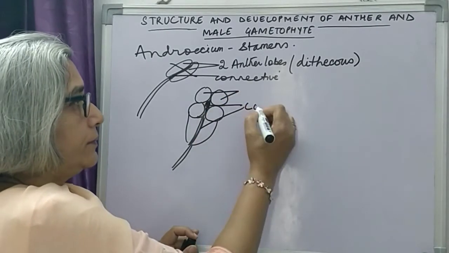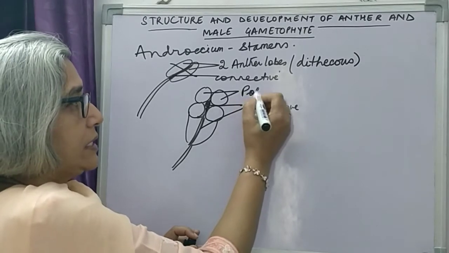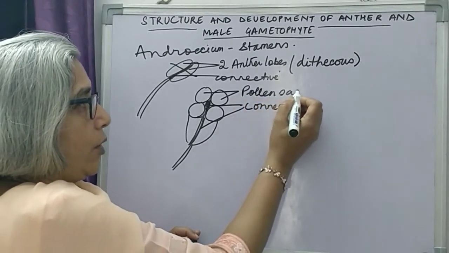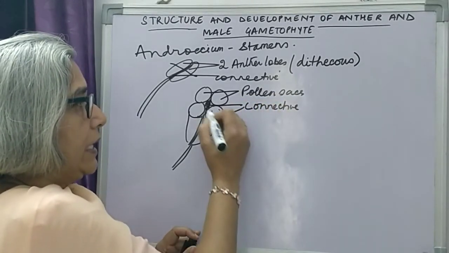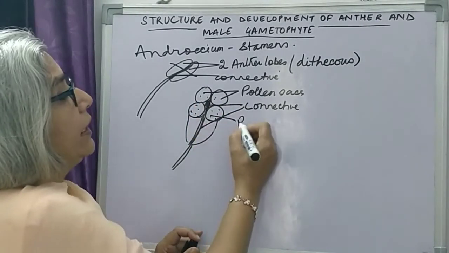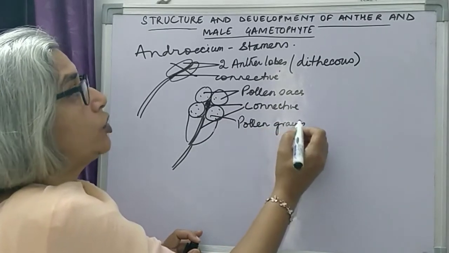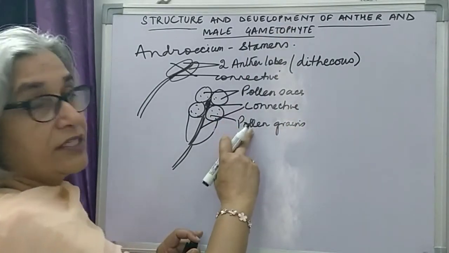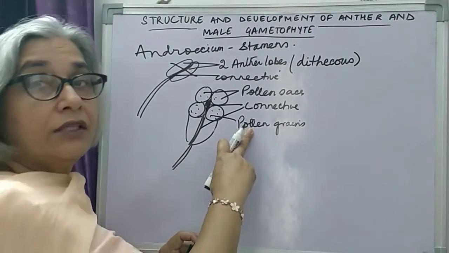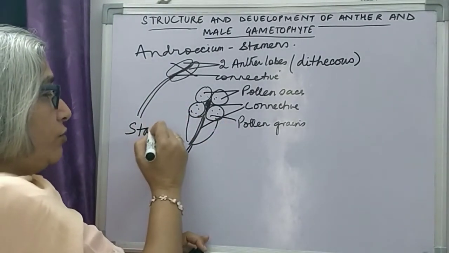These are the pollen sacs. Now pollen sacs contain the pollen grains. Pollen grains are actually the male gametophyte. Pollen grains are the male gametophyte. So this is a structure of a stamen.